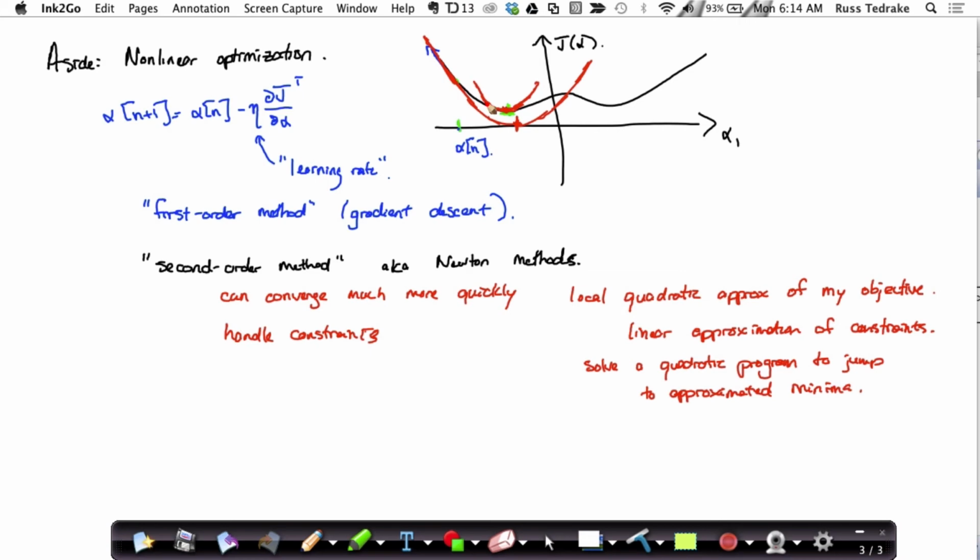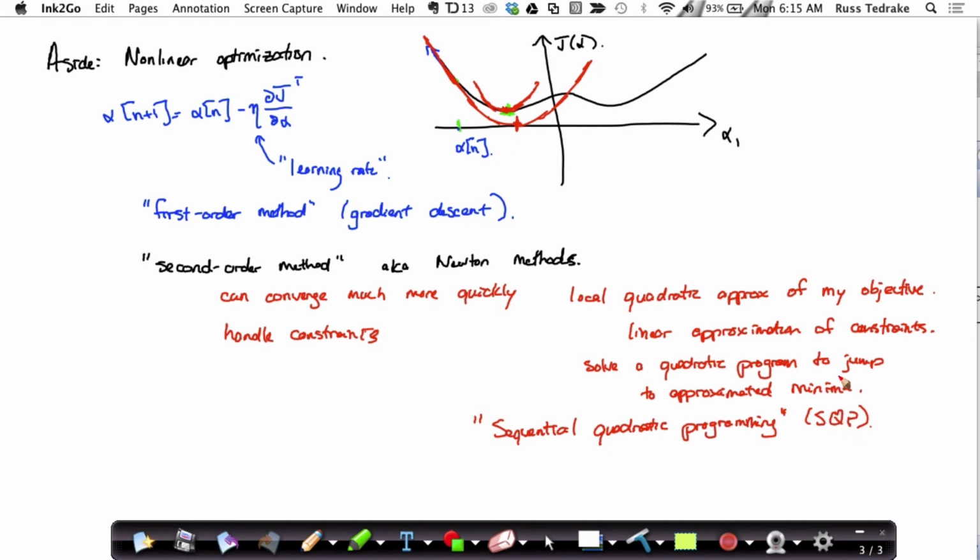Wash, rinse, and repeat until you find a solution. This is called a sequential quadratic programming method. It's just one of the second order methods that you can apply, but it's one that we use frequently in our work because it works very well for these problems.